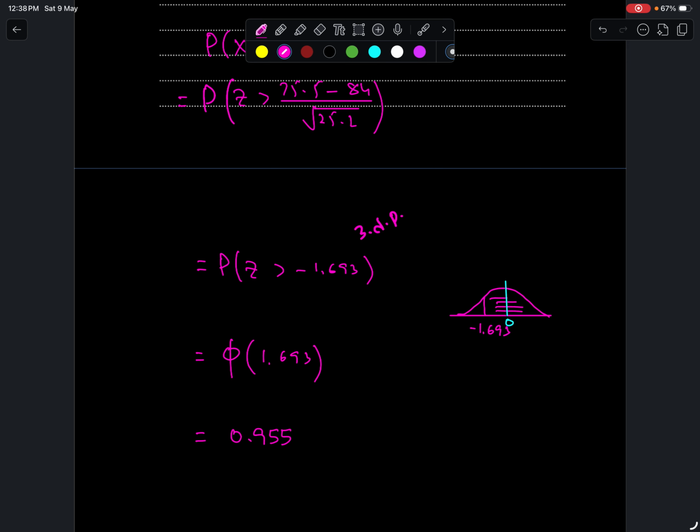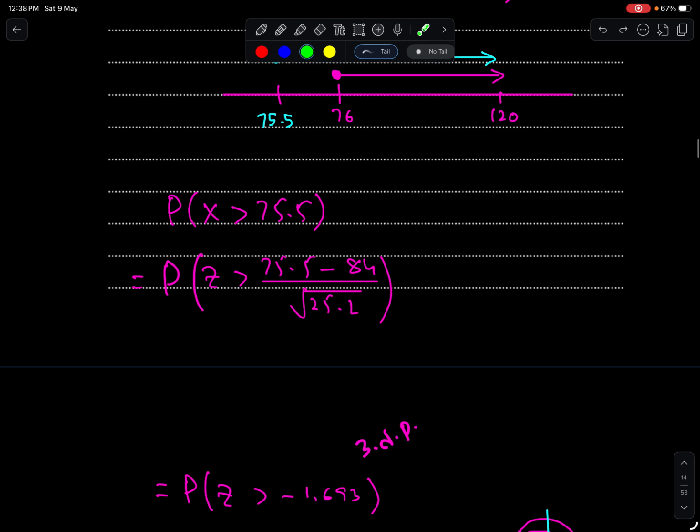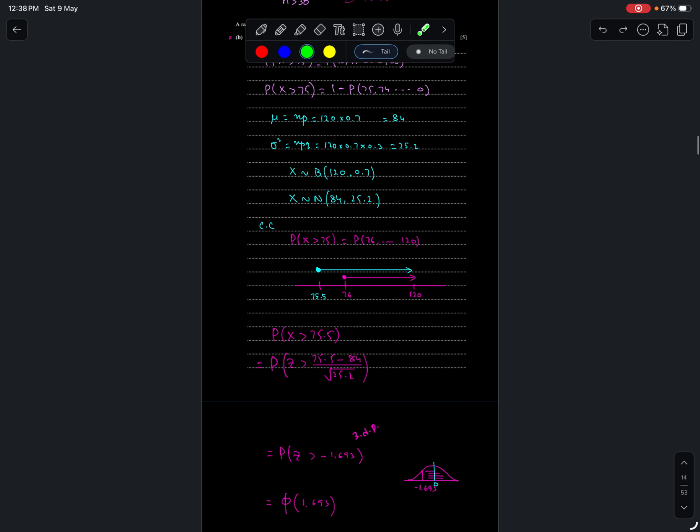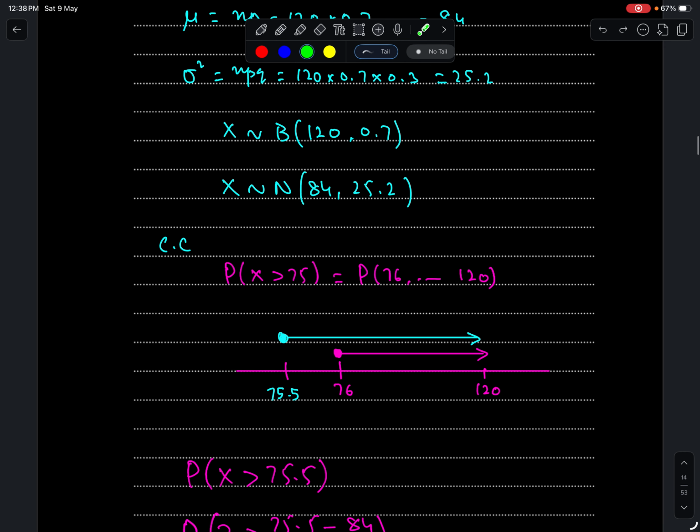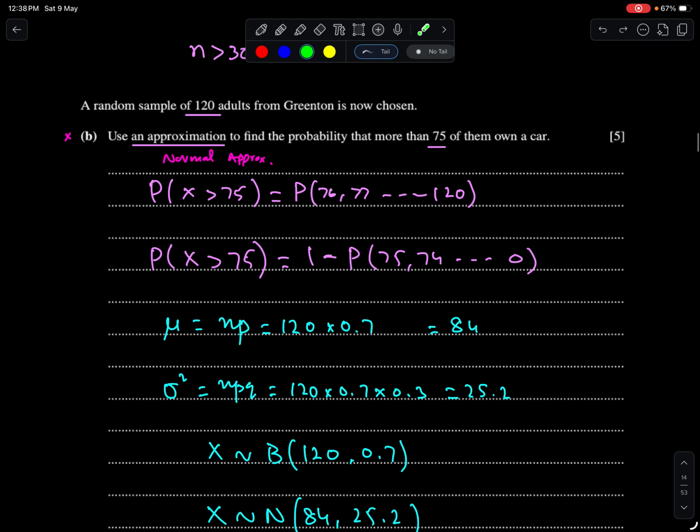Okay, according to the sketch, a large area, therefore it's phi, and this is the value of phi. I will explain how to find this from the normal distribution table in the normal distribution chapter. So this is the way to use normal approximation. I explained this logically by using both methods, direct and indirect.